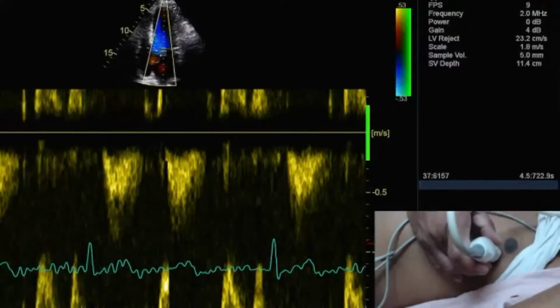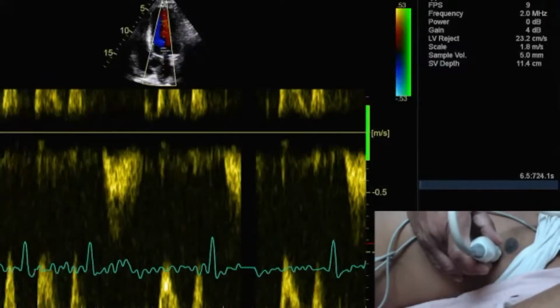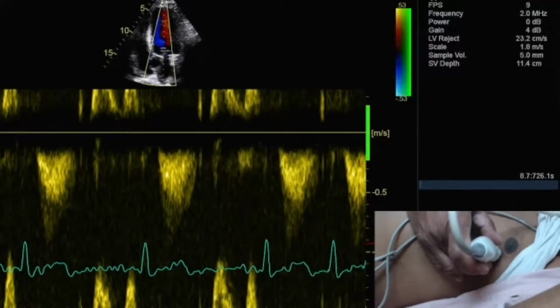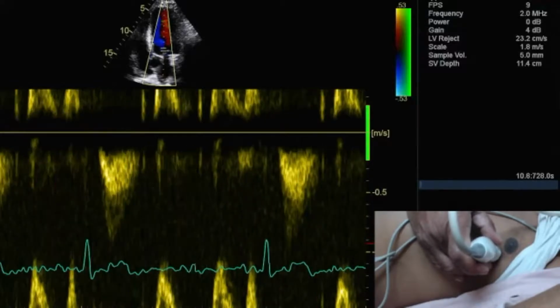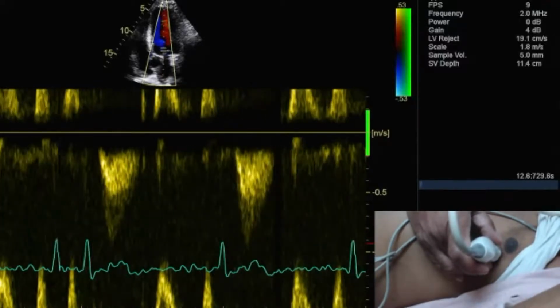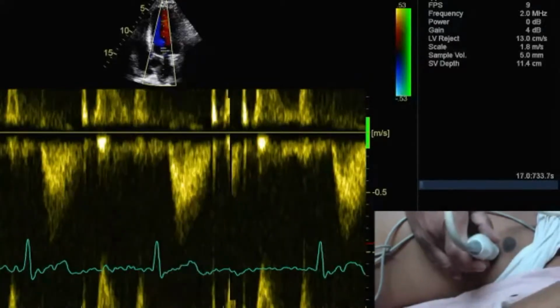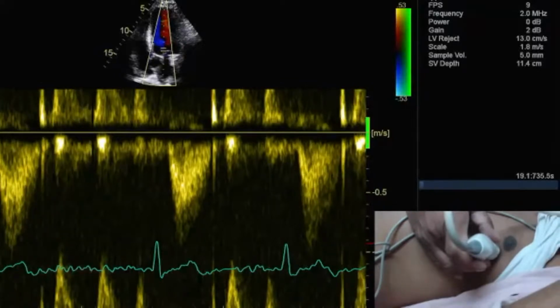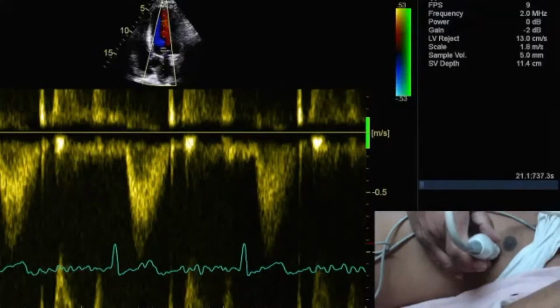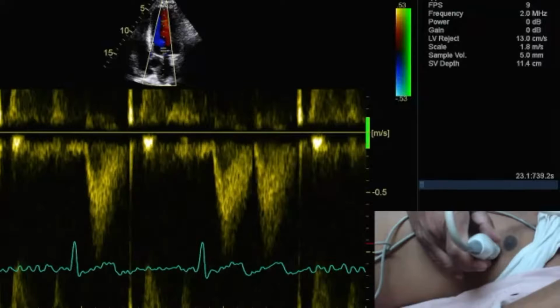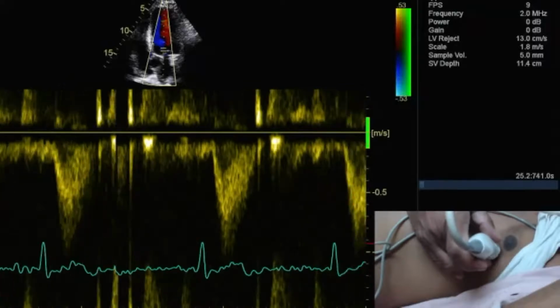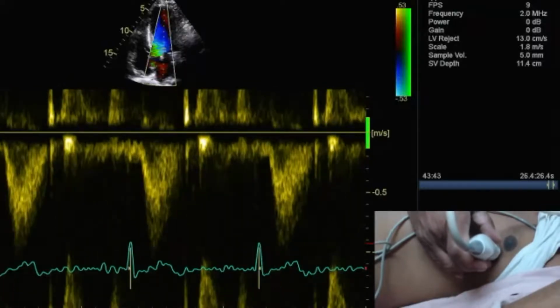So I'm going to adjust my filters so that I'm able to see my baseline. So I'm reducing my filters. Now I can see the baseline, you see it has come, good for measurement. If your filter is too high, you cut at the base. If your filter is very low, there are a lot of unwanted echoes which come.